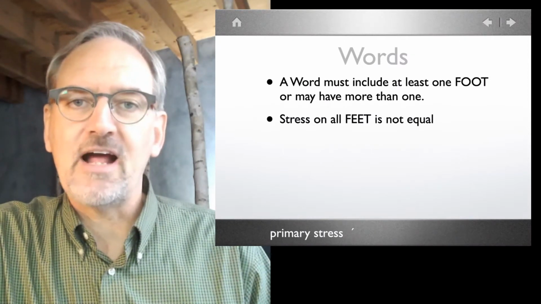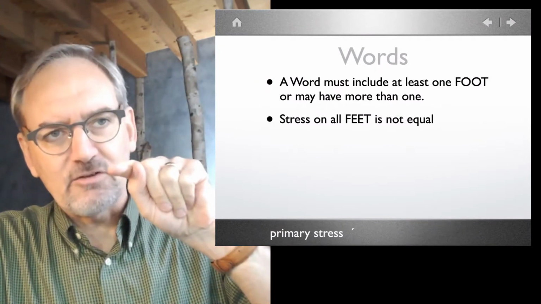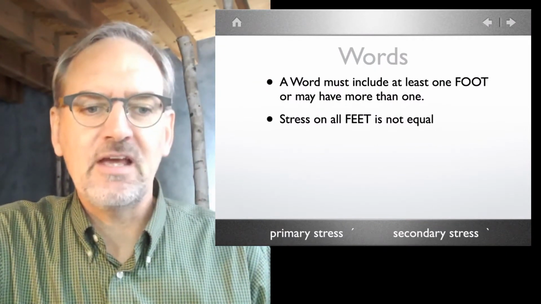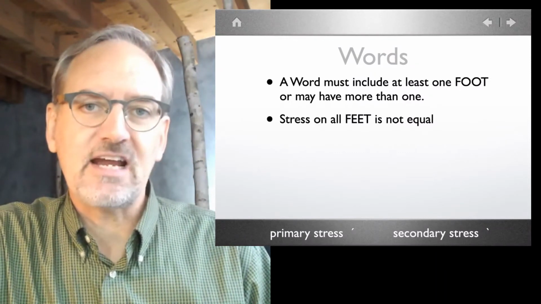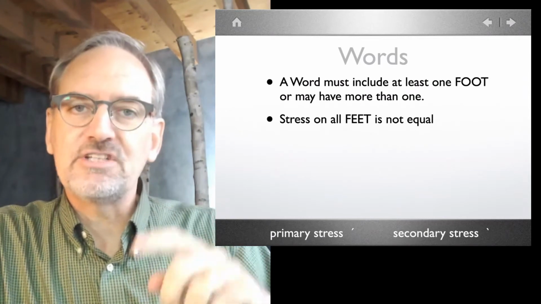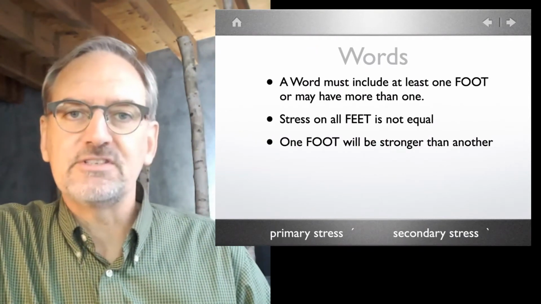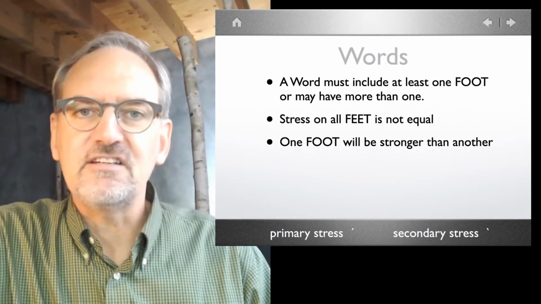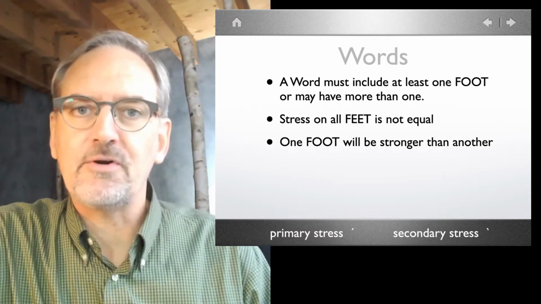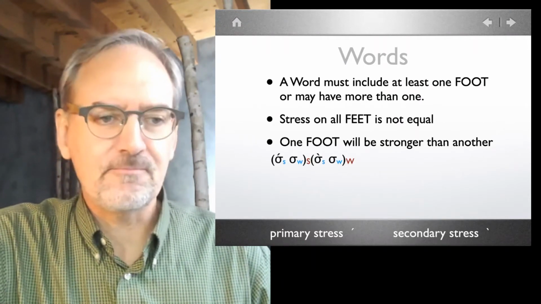Well, one of them will be pronounced with primary stress, and we use this little kind of rising accent mark to indicate primary stress, and others get pronounced with secondary stress, a slightly lower pitch, and those get marked with a falling accent mark. And as a result, one of these feet is pronounced more strongly than the other. The one with primary stress has additional sound energy.